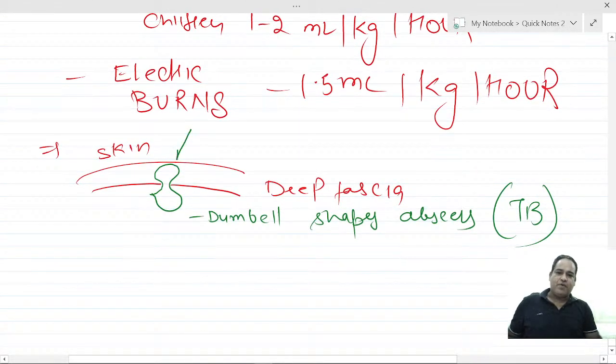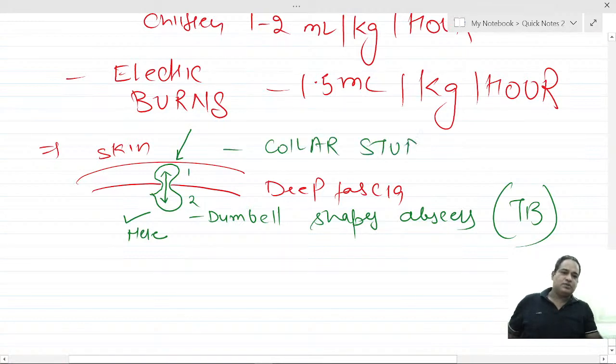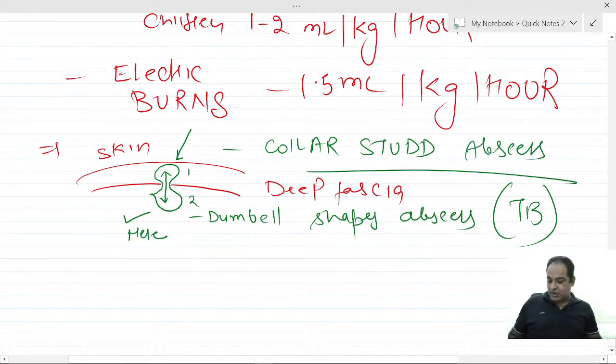When you press from here, the swelling will come here. When you press the deep part, the swelling will go superficial like this. So it can move from region 1 to region 2. Dumbbell shaped abscess. This is your collar stud abscess.